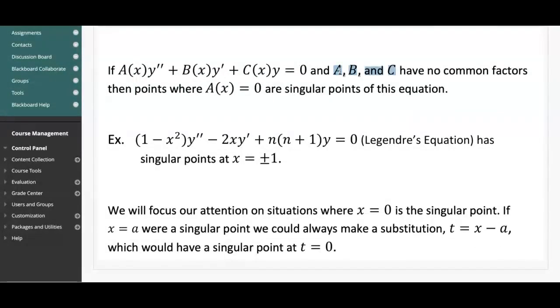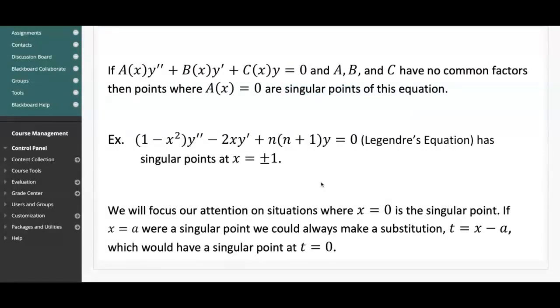And we want a, b, c, those three functions, to have no common factors. Then the point where the coefficient of y double prime is 0 is a singular point of this equation.